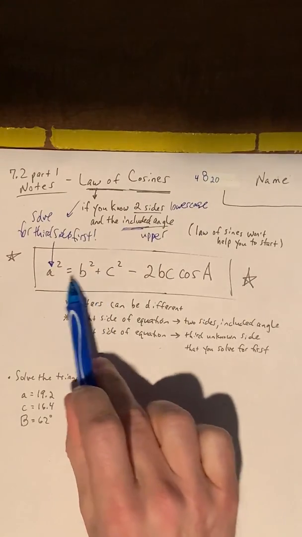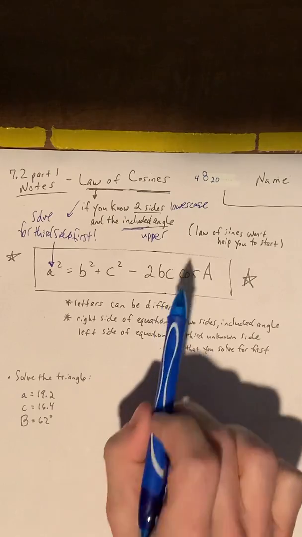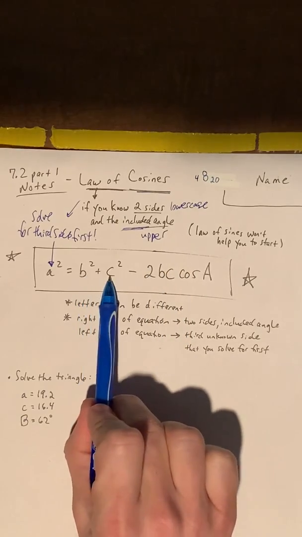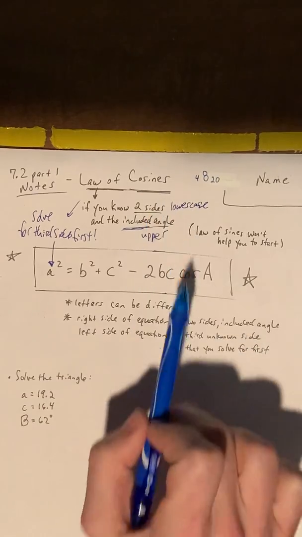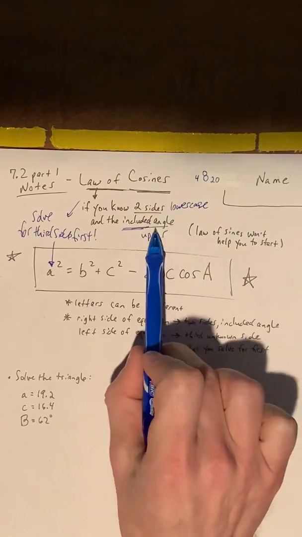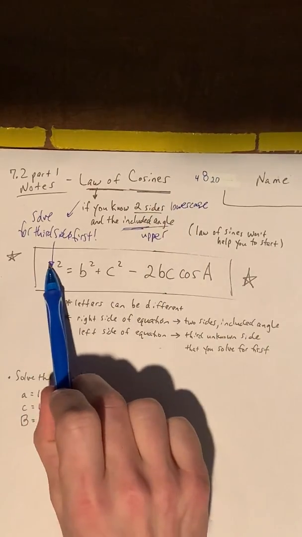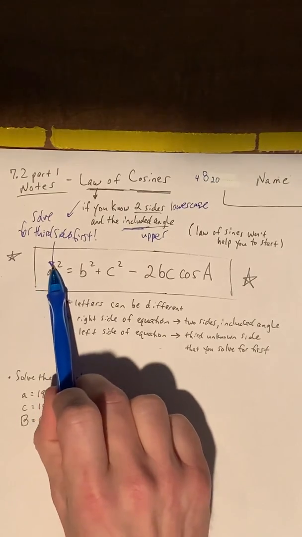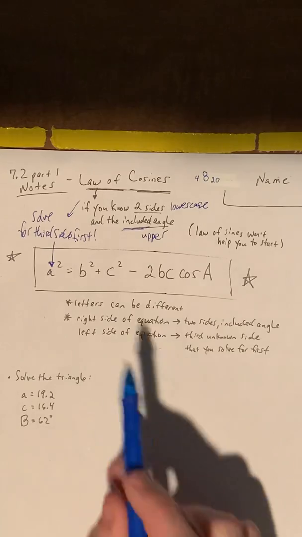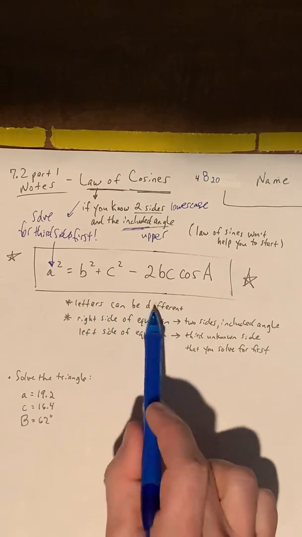Now these letters could change. The main thing is that these 2 are different. Those are the 2 sides you're given, and this is the angle that you're given. And whatever letter you don't have, that's what you're solving for. So again, the letters can be different.